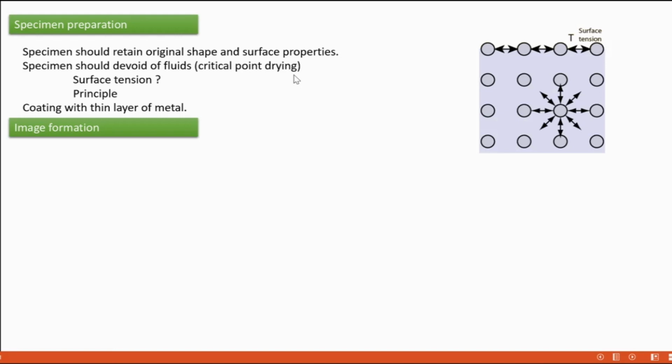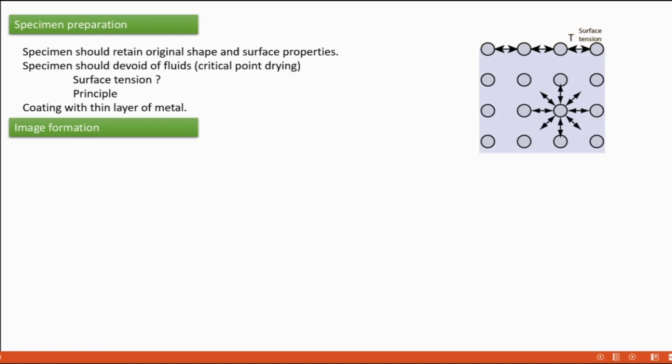The principle is that at a particular temperature and pressure, the density of vapor is equal to the density of the liquid for any solvent. Whatever solvent we consider, there exists a critical temperature and pressure.